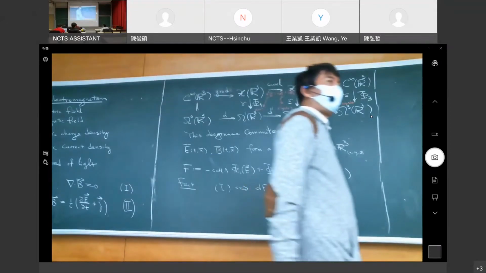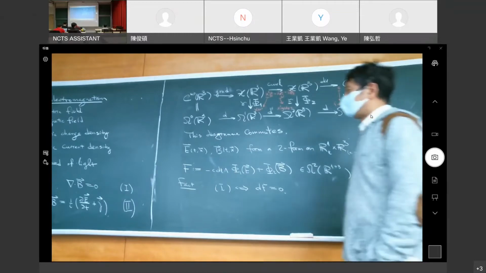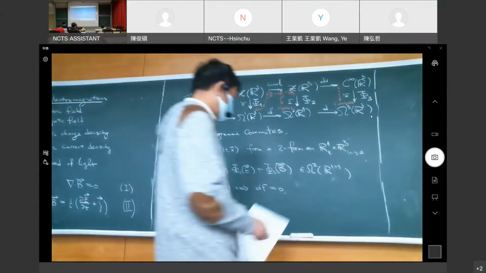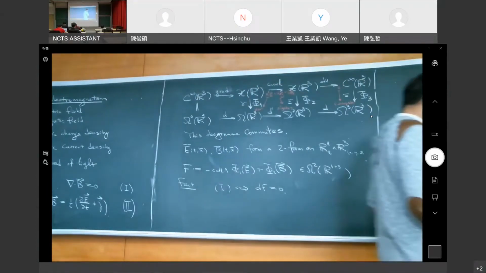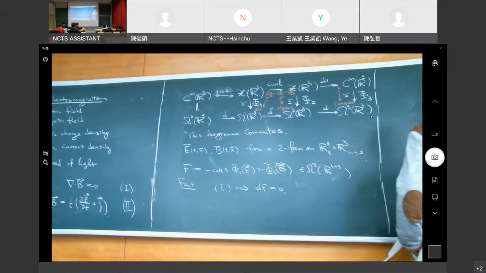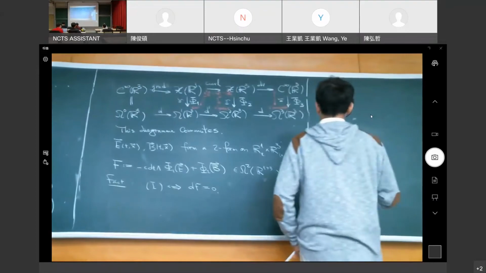And then to write down in a simple form the other two equations, we will need some additional information. The additional information is that in differential geometry, we can define what is called the Hodge star operation on differential forms.